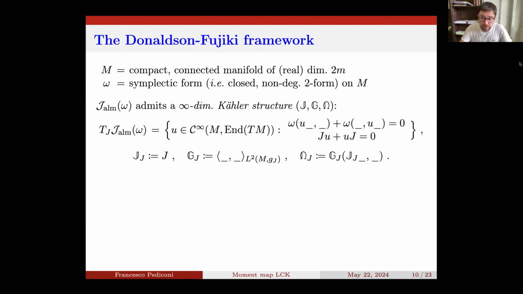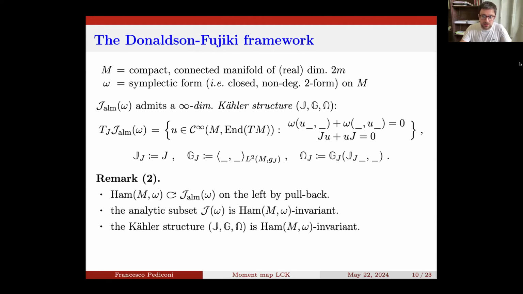The infinite dimensional Riemannian metric at a point J is just going to be the L2 product induced by the Riemannian metric g_J, and the two-form bold omega is just the two-form obtained by combining bold G and bold J. Okay, it is actually just a matter of an exercise to prove that this is indeed a Kähler structure.